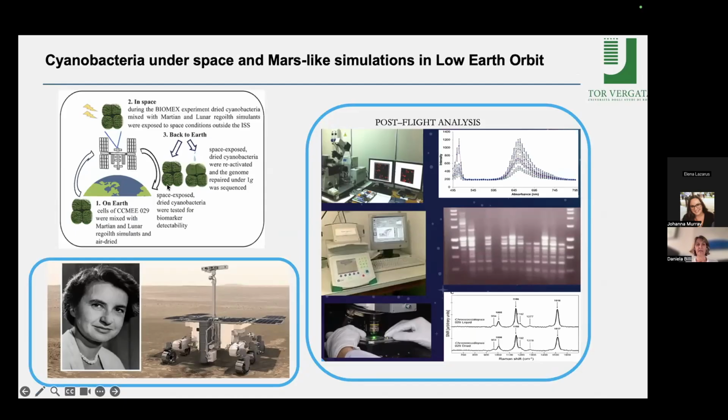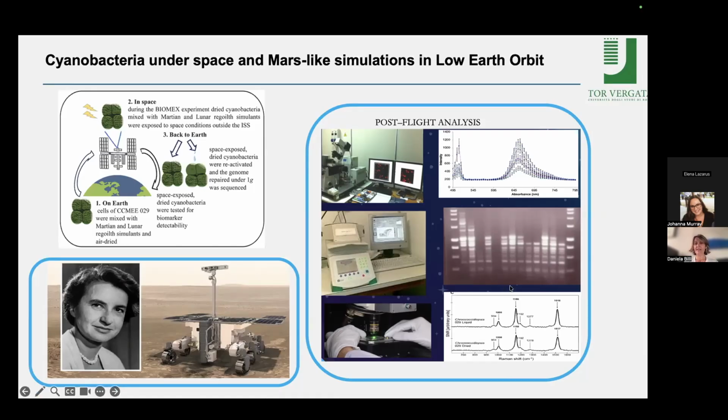First of all, we examined the dried exposed cells for pigments, for DNA, for carotenoids, so for biomarkers that can actually be identified by the Rosalind Franklin rover when it does the analysis on Mars. Even if, as I said, the Rosalind Franklin will drill the Martian surface at 2 meters, of course we don't think to find photosynthetic organisms there.